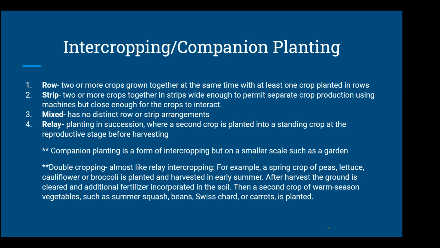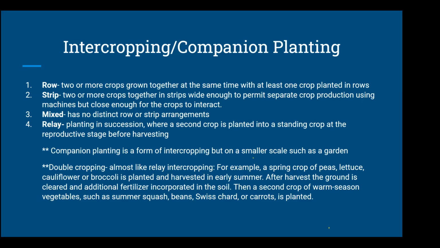Mixed planting is when the plantings don't have a distinct row or strip arrangement. They're all just mixed together. It's also sometimes called polyculture planting. And then relay is when you're planting in succession, where a second crop is planted into a standing crop.